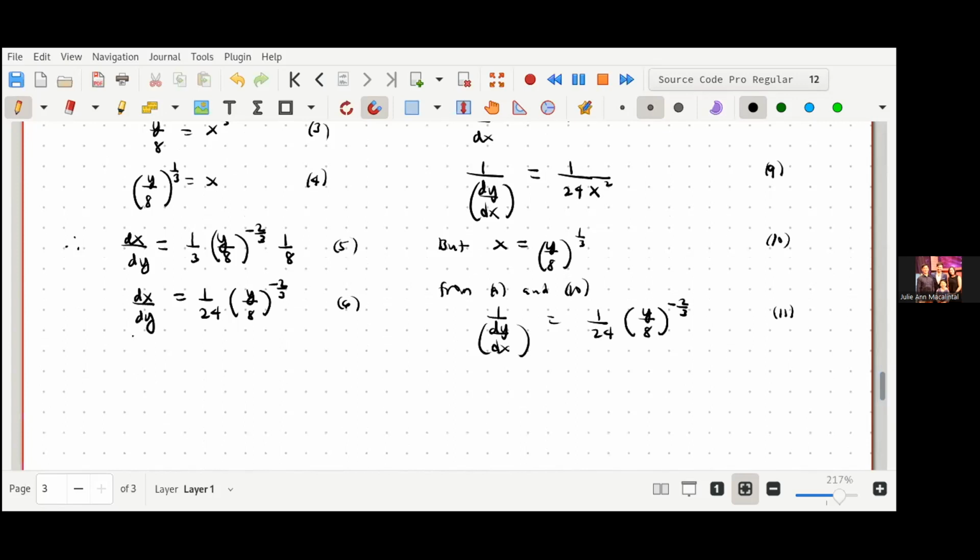So from 11 and 6, we see that dx/dy is equal to 1 over dy/dx. And that's equation 12.